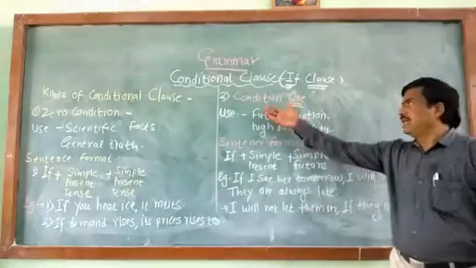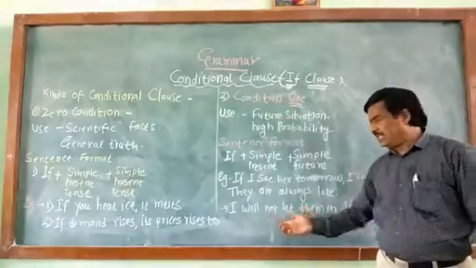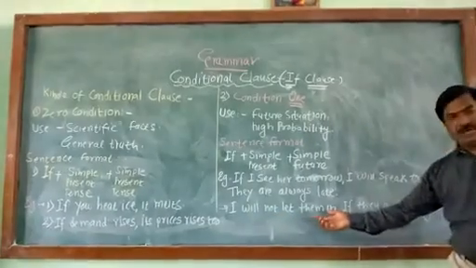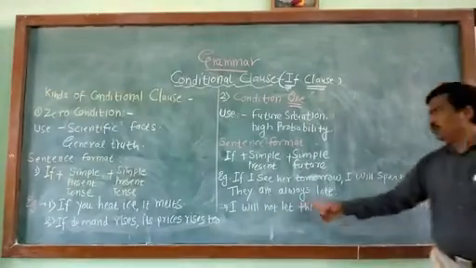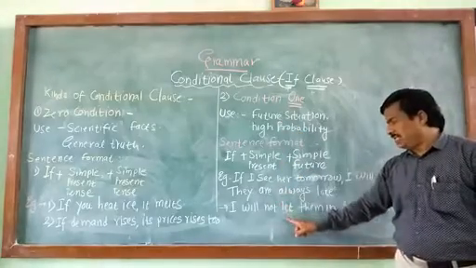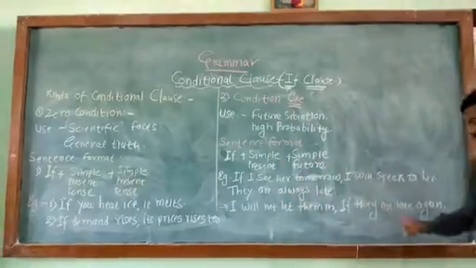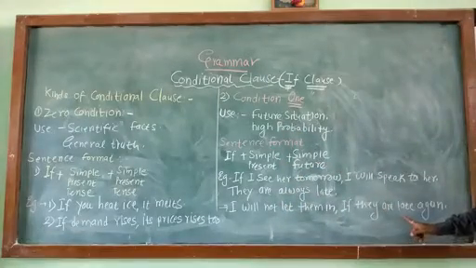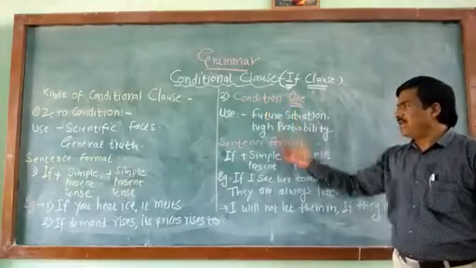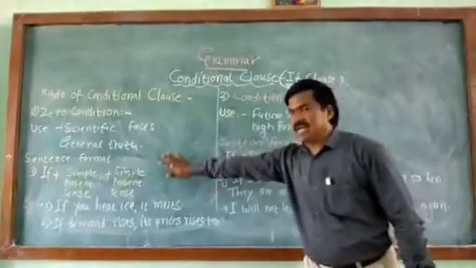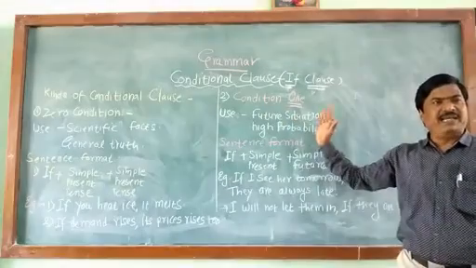How to use conditional clause in this sentence? I will not let them in if they are late again. Means you use the simple present tense in the first clause and simple future tense in the second clause. With this way you can explain condition 1, the second kind.